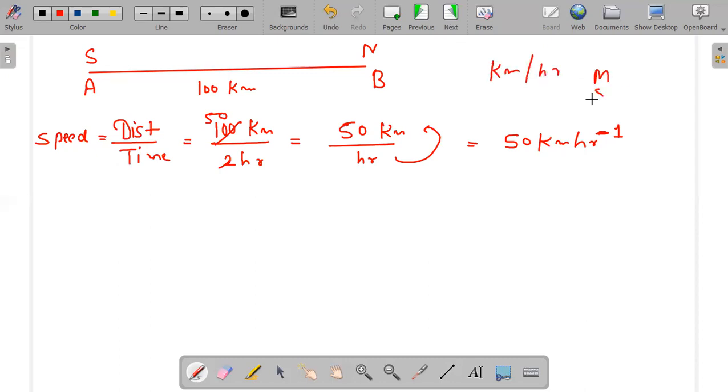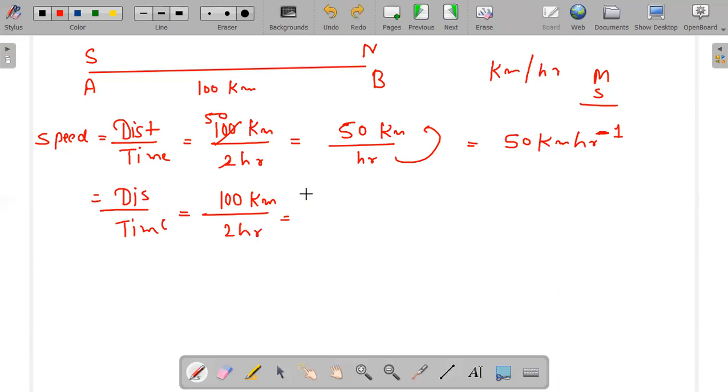So I'm writing here distance upon time equals 100 kilometer upon 2 hours. Now if I want to convert kilometer into meter and hour into second, at the place of kilometer I have to take meter, and at the place of hour I have to take second.